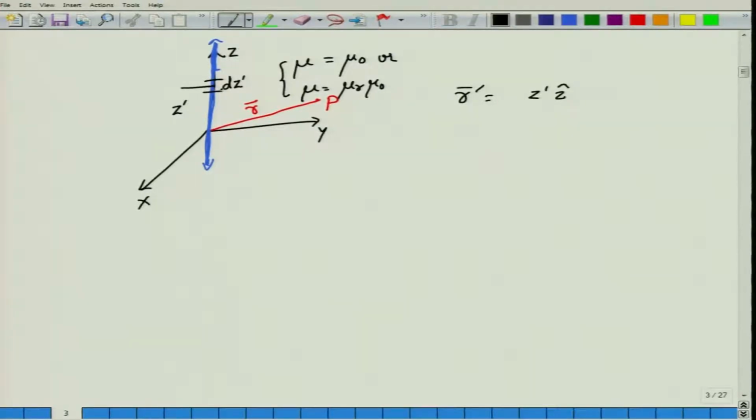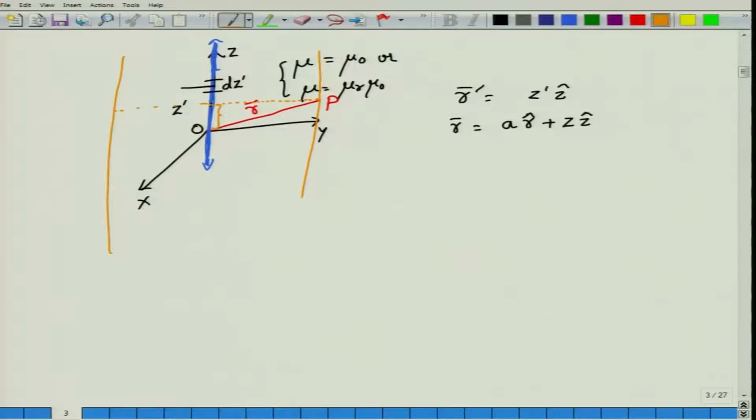I am assuming that dz prime is very, very small, whereas the position vector r, which is the line joining the origin O to the point P, is given by a r hat plus z z hat. What is this a and z? Well, if I consider the projection of this line OP onto the z axis, and consider that this particular projection is constant, and imagine that there is actually a cylinder sitting up here, then the radius of this cylinder is taken to be a.